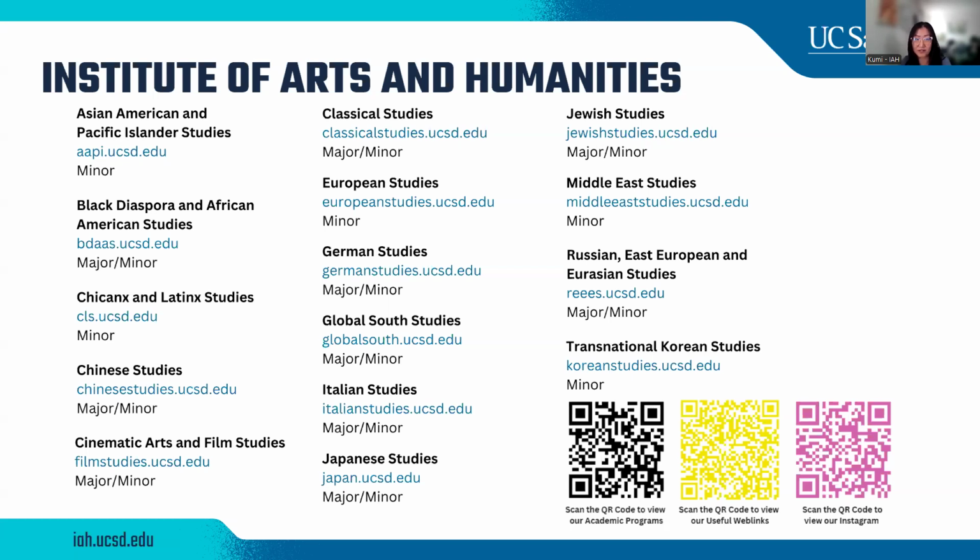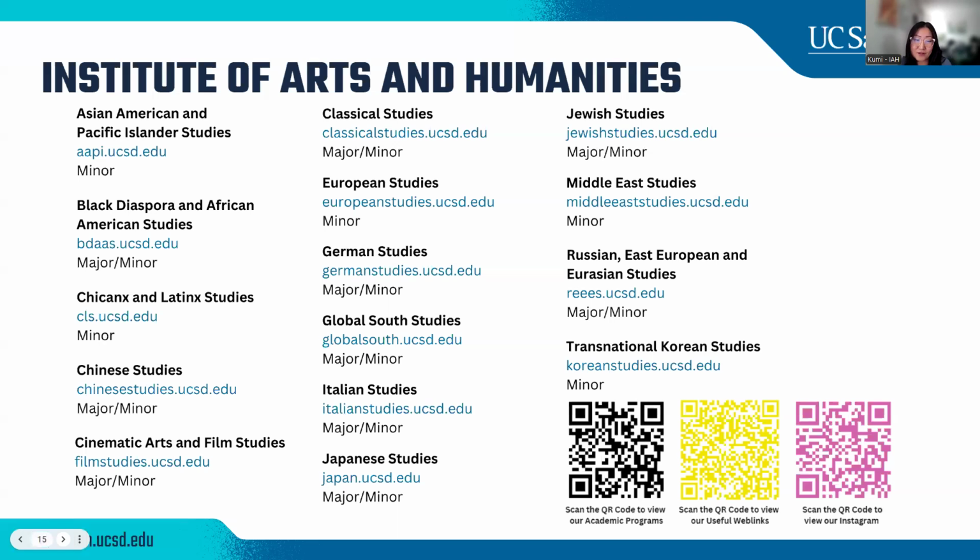You can check the articulation agreement between your community college and UC San Diego on the assist.org website. And if you would like to use your community college courses or other university courses that are not articulated but focus on relevant topics related to our majors and minors, you can use them by petitioning. Please visit our program websites for more details.